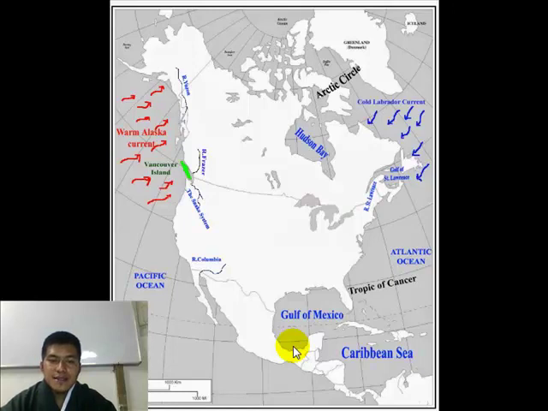Why do you think this area, the southern half of Mexico and the Central America, are warm? Okay, popcorn, anyone? Though I might not be able to see you, but your friends will be able to hear you. So can you share the answer to your friends? Okay, class captain can select the volunteers.